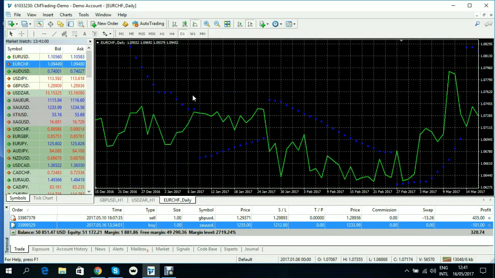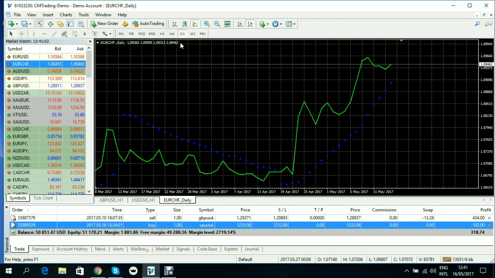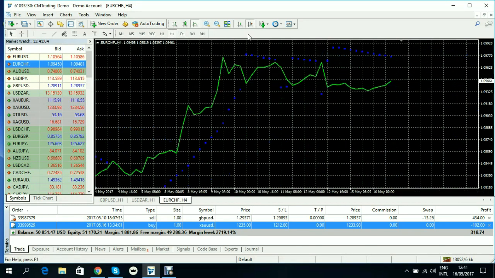Let me take this. When it's trading like this, when the market is consolidating or trading in a range or trading sideways, it is dangerous. So always trade with parabolic SAR when prices are trending.